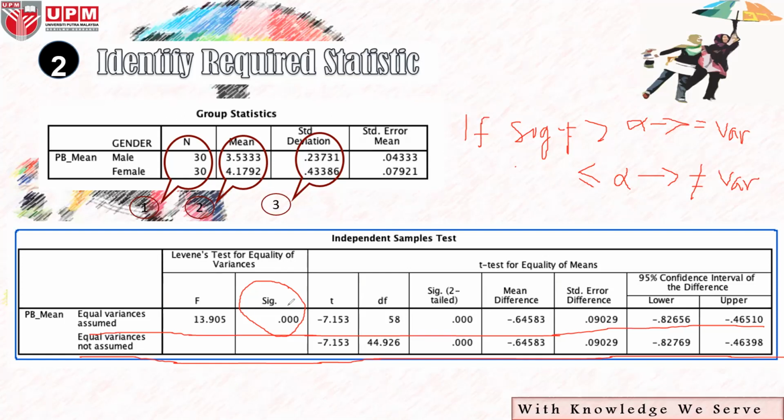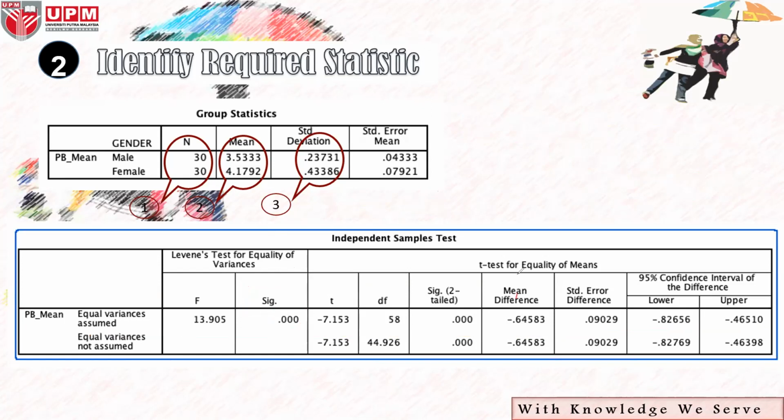Because the significant value F is lesser than alpha, we need to report unequal variance, unequal variance not assumed. So we read the unequal variance not assumed values.